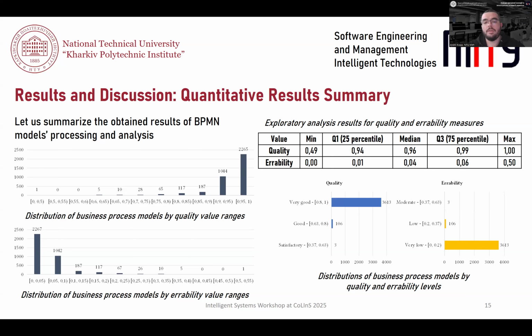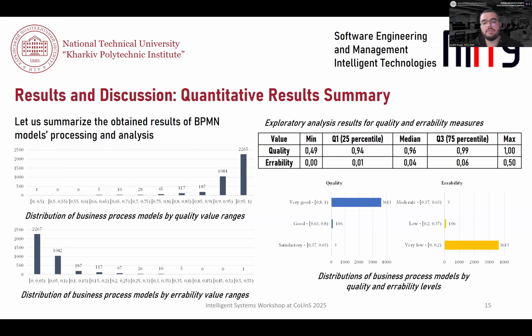And the more understandable distributions of business process models by quality and errorability levels show, according to the Harrington scale, that we have 3,613 models of very good quality between 0.8 and 1. Only 106 models belong to the good ones in the range for quality between 0.63 and 0.8.